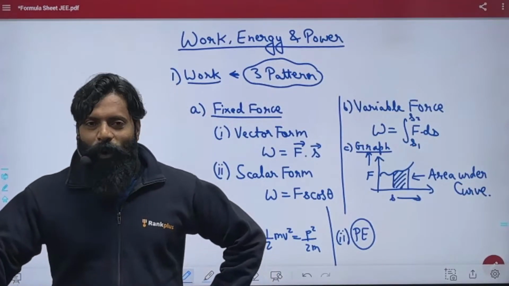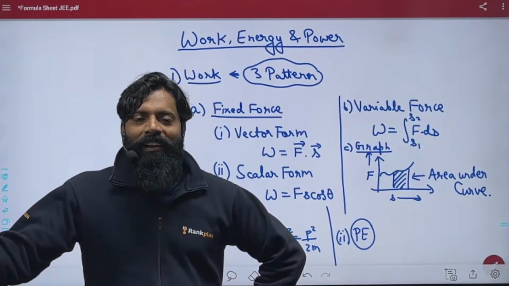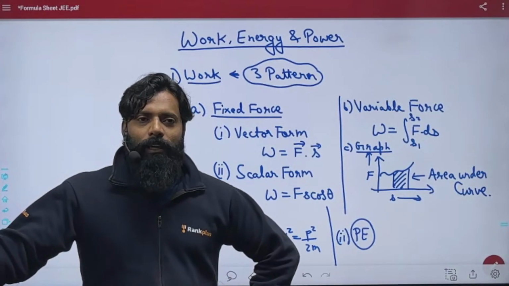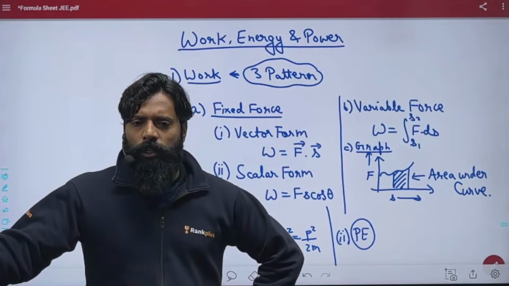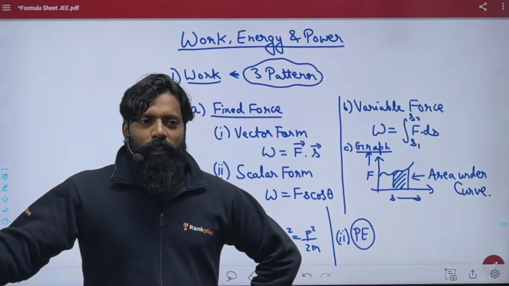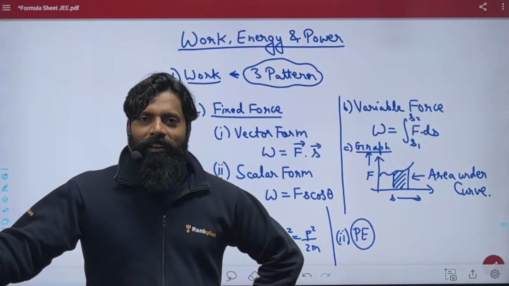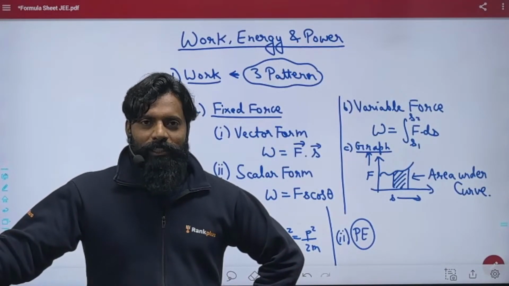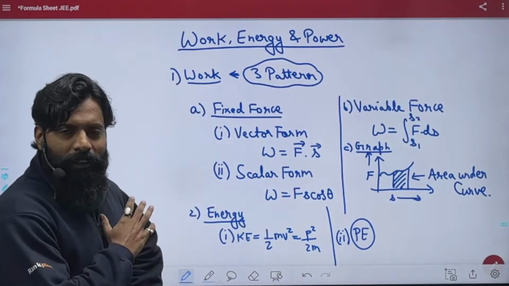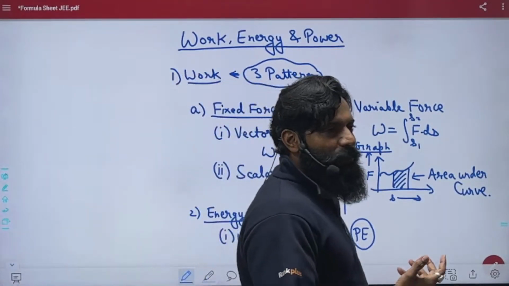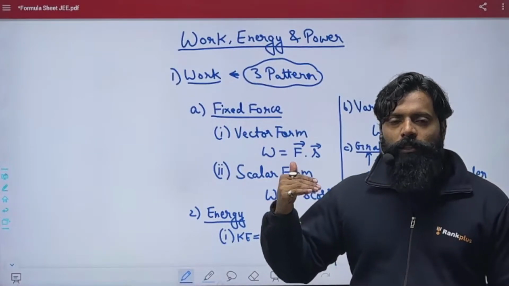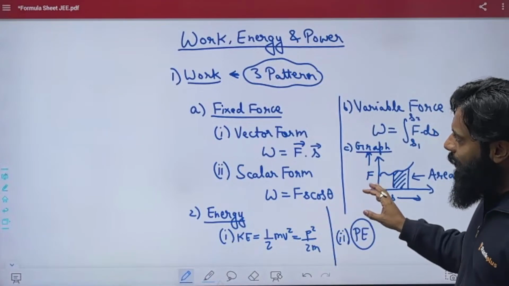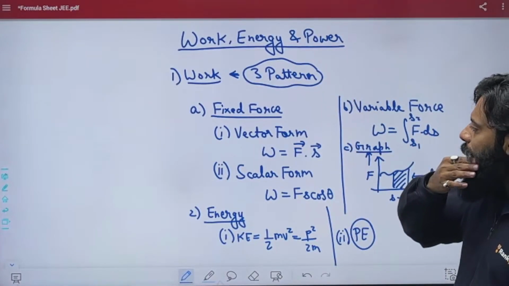Also in case of atoms and nuclei, we have a potential energy formula where we apply the basic principles of electrostatic force. So the formulas for potential energy change when we change our chapter, right? And even the approach to solve the questions changes. But especially if the height is not that much, the formula for gravitational potential energy is mgh. That is what we considered in this work, energy and power.